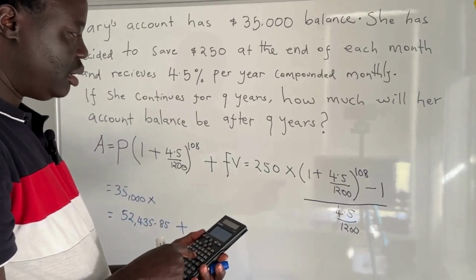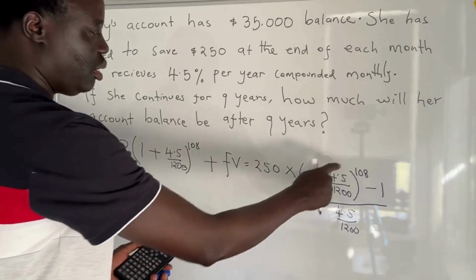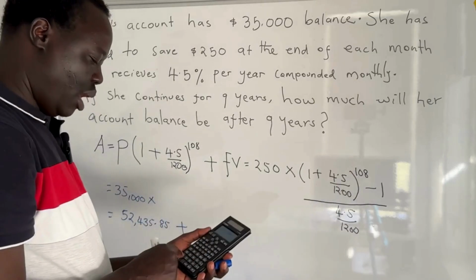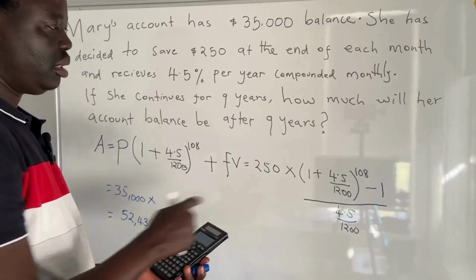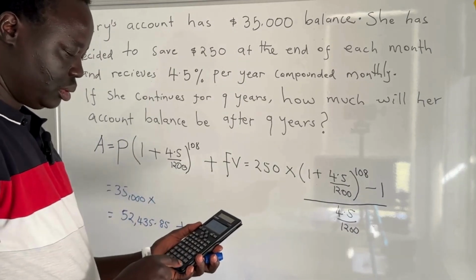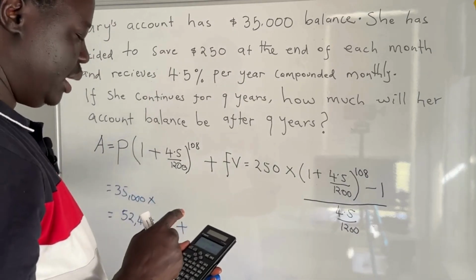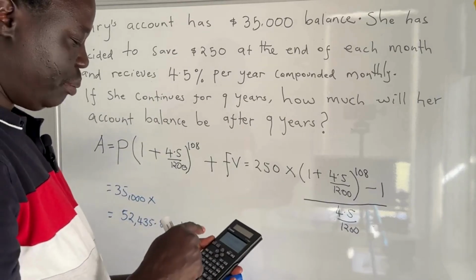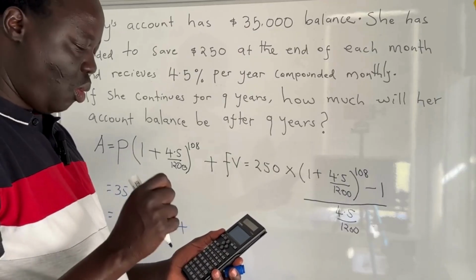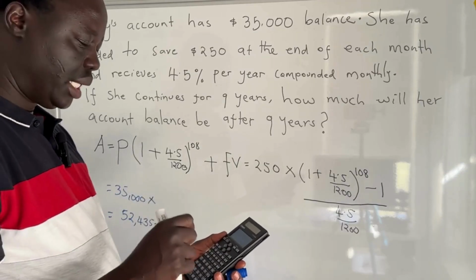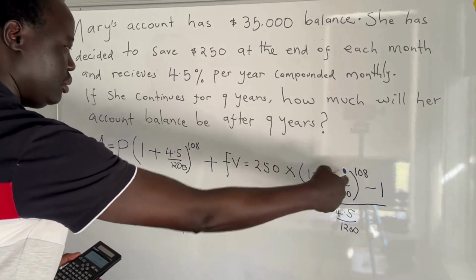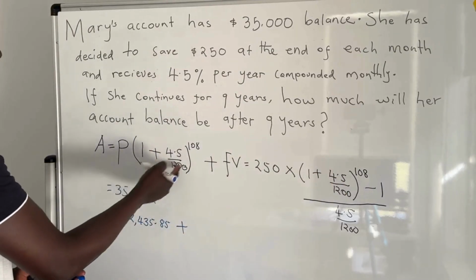And then close that bracket and then raise to the power of 108, which is that power. And then equals. What you got here is 1.498167236. And that is the same as what you calculated from here.